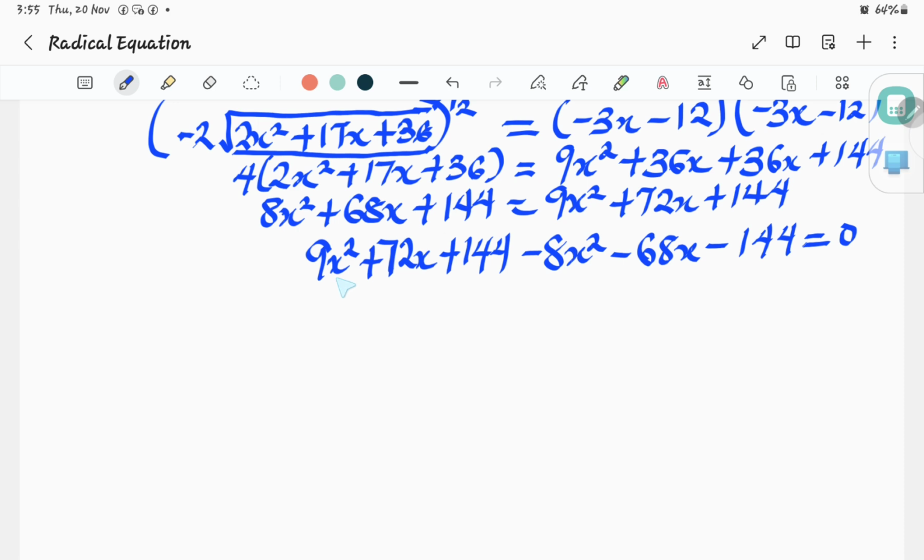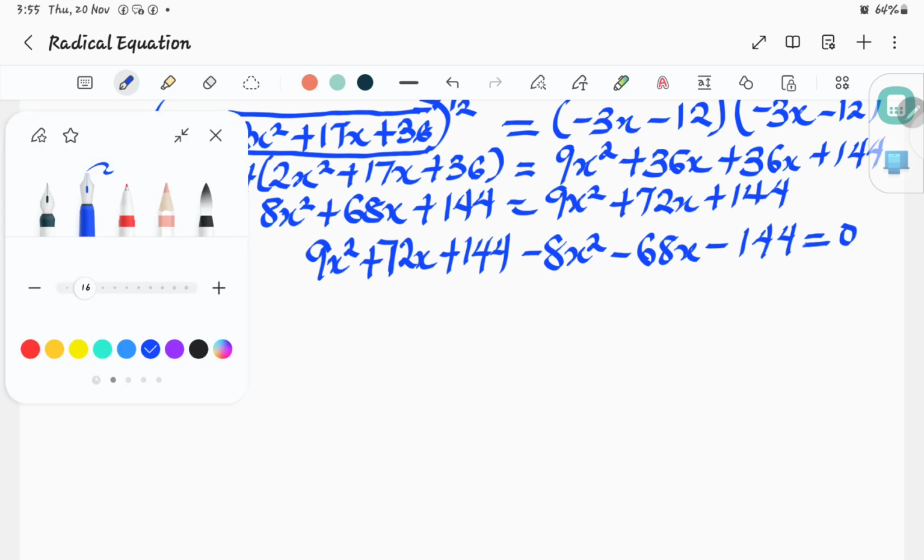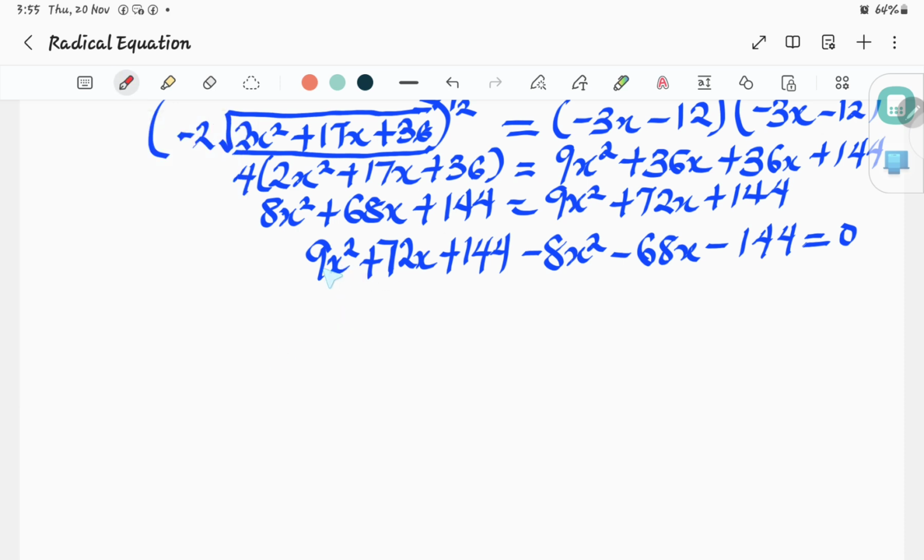So to make it easier, we can say 9x squared minus 8x squared, that's going to give us x squared. 72x minus 68x, that's going to give us positive 4x. Then 144 minus 144 gives 0, equals 0.